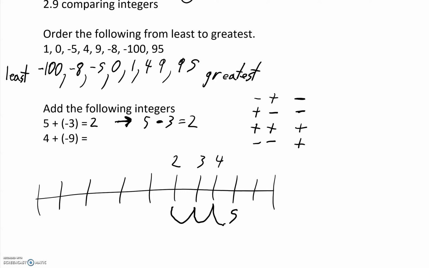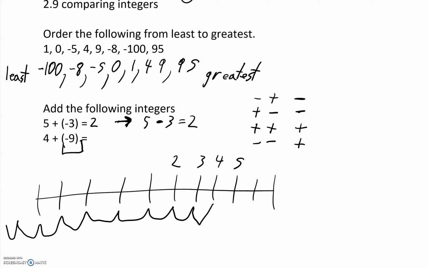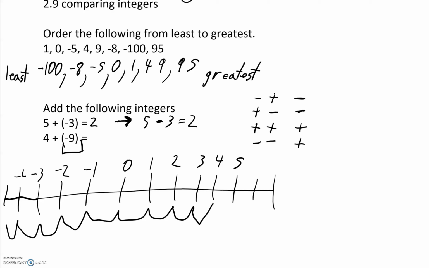If we have, starting at 4, so this was the number 4, we're going to go down by 9, because now it says plus a negative 9. So 1, 2, 3, 4, 5, 6, 7, 8, 9. So we have to go 1, 0, negative 1, negative 2, negative 3, negative 4, negative 5.